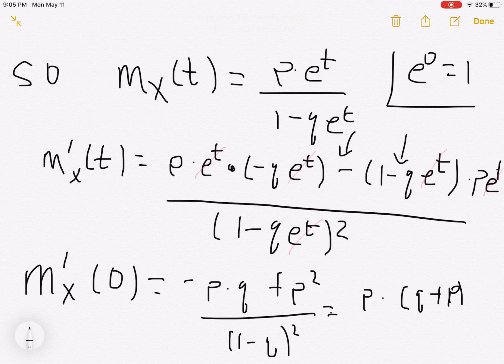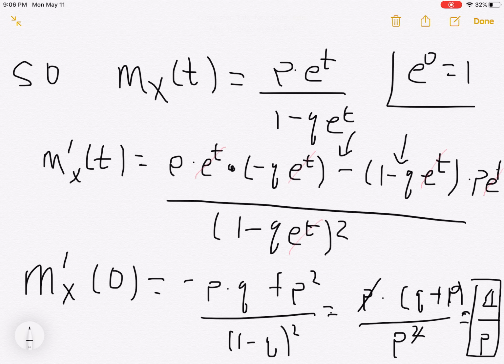So P plus Q divided by 1 minus Q is P squared. So we can cancel that and that. And on the top, P plus Q adds up to be 1 because they're complementary. So this will be 1 over P.